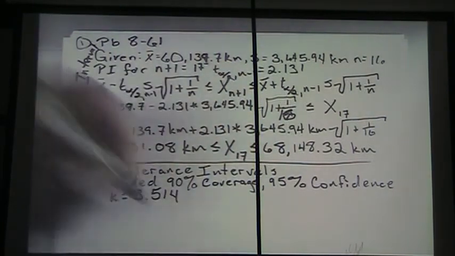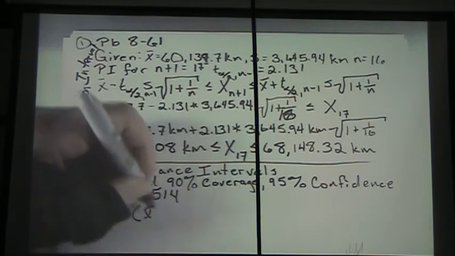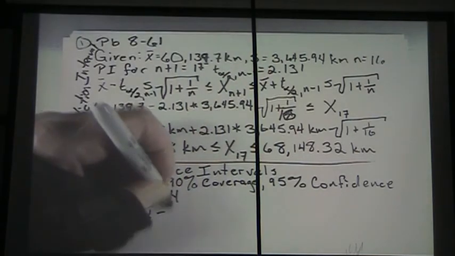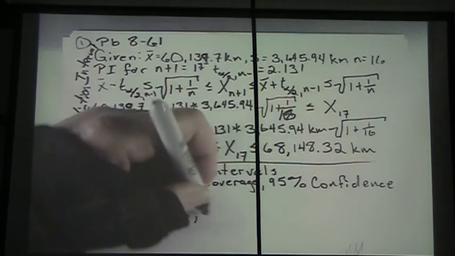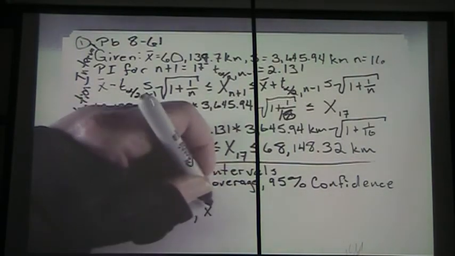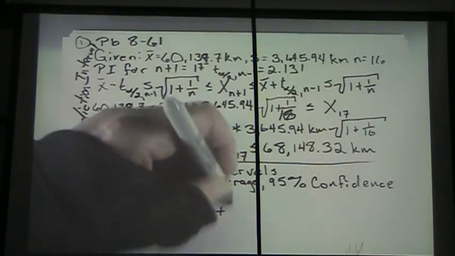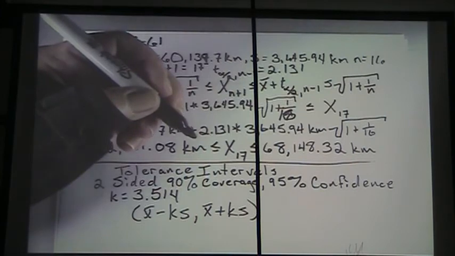Of course, my tolerance interval is X bar, our sample mean, minus K times sample standard deviation, and the other side is X bar, the sample mean, plus K times the sample standard deviation.